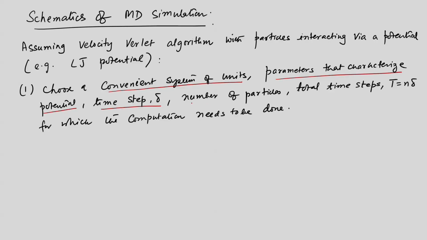So, N is the total number of particles. We could choose Avogadro number of particles, or something like 10 to the power 20 particles, or anything that is sufficient for a given problem, and the total time over which the computation needs to be done. So, all these things need to be specified at the onset of the computation.